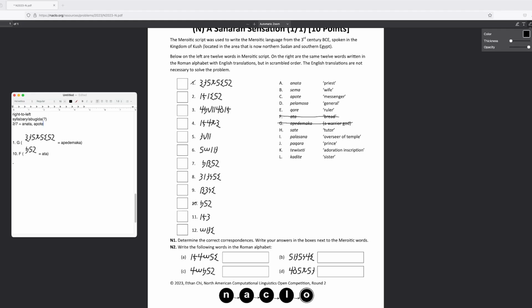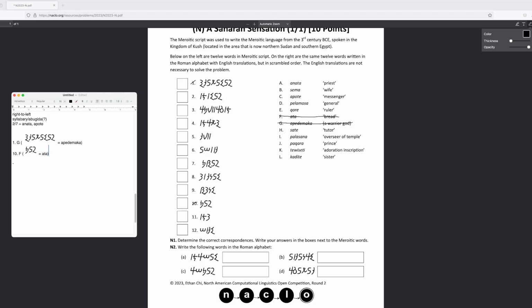Now, to figure things out here, one thing we can go off of is that anata shares a start with ata and also shares an end with ata. So we can think of it then most likely as the word for anata is going to look similar to this Meroitic word we have here for ata, but with a couple extra glyphs inserted into the middle between these 3 glyphs that we see for the word ata here.